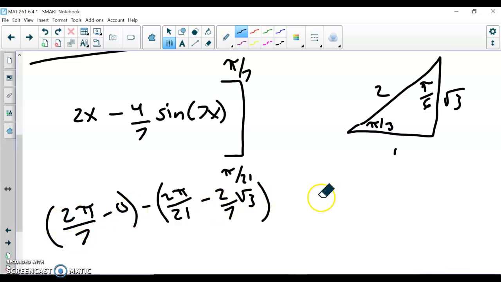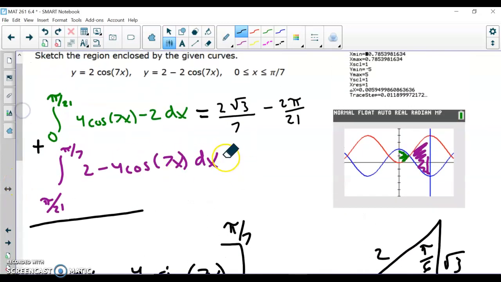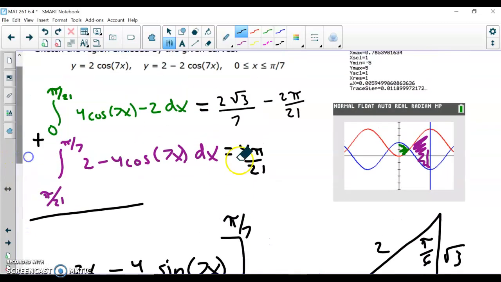So that's 6 minus 2 is 4 pi over 21. And then we end up getting a plus, there's my double minus, that's what I was concerned about. Plus 2 sevenths root 3. So this should be 4 pi over 21, and then plus 2 root 3 over 7.